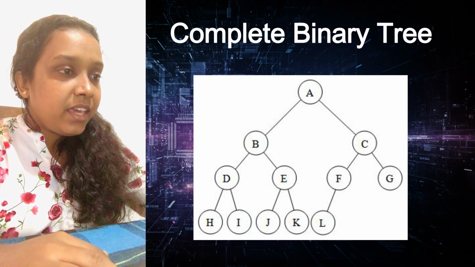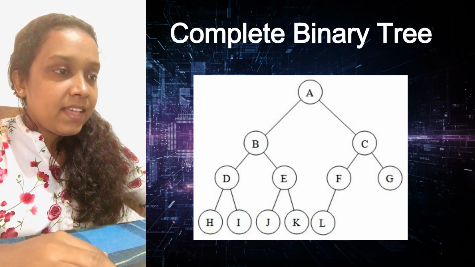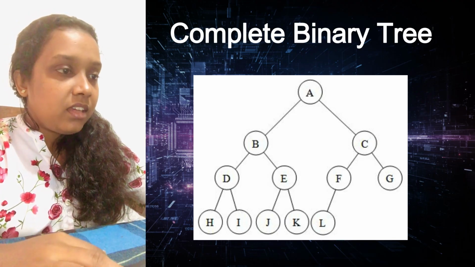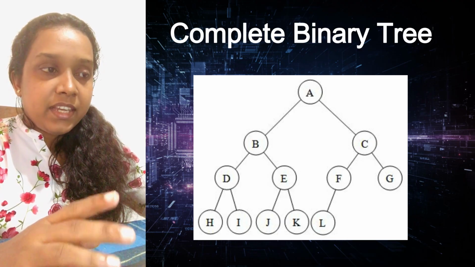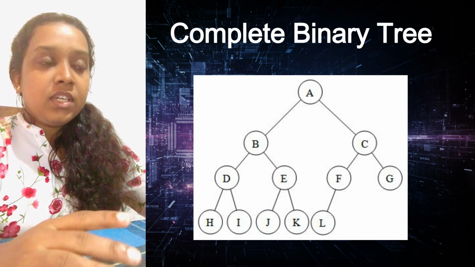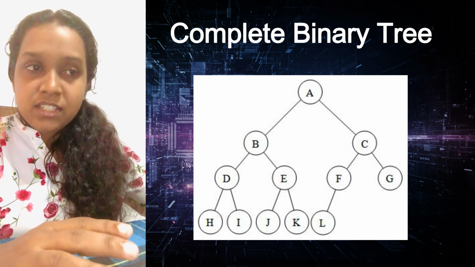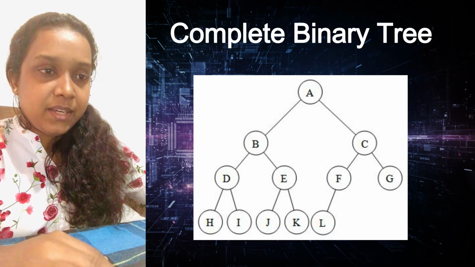This means every node except leaf nodes has a left child definitely. If any node except a leaf node doesn't have a left child, then it's not a complete binary tree. So I think you have a brief idea.